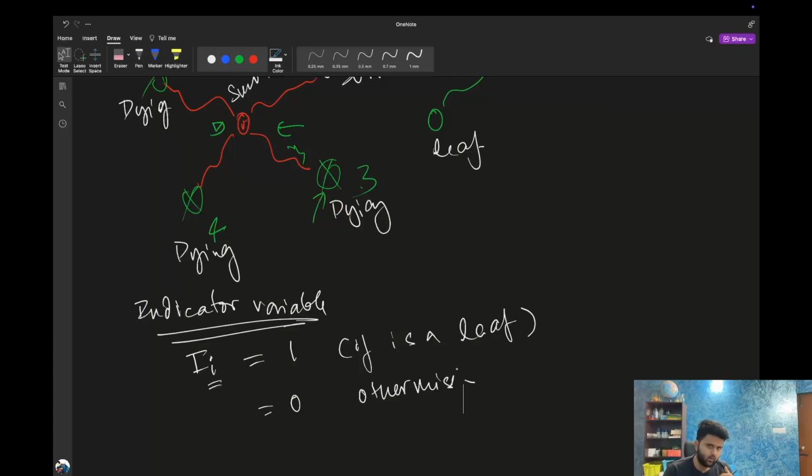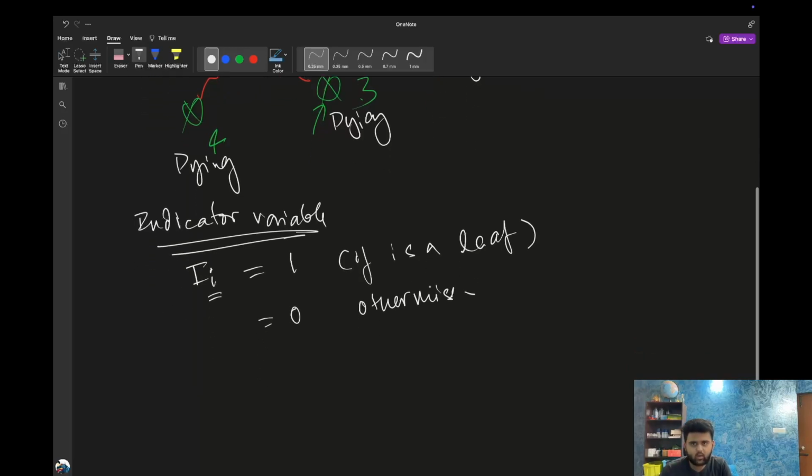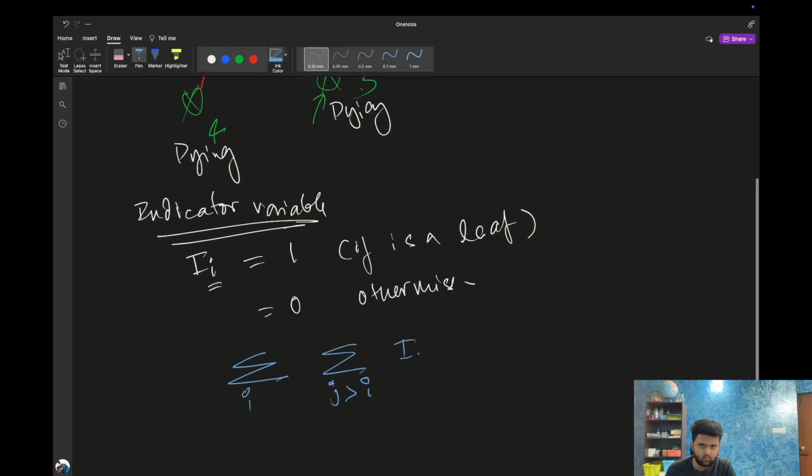So if i is a non-leaf node or has fallen off, in both cases the variable will be 0, otherwise it will be 1. Now what we are asked to calculate is the number of unordered pairs. So summation over i, summation over j greater than i to make sure we count the pair exactly once, of I_i I_j.